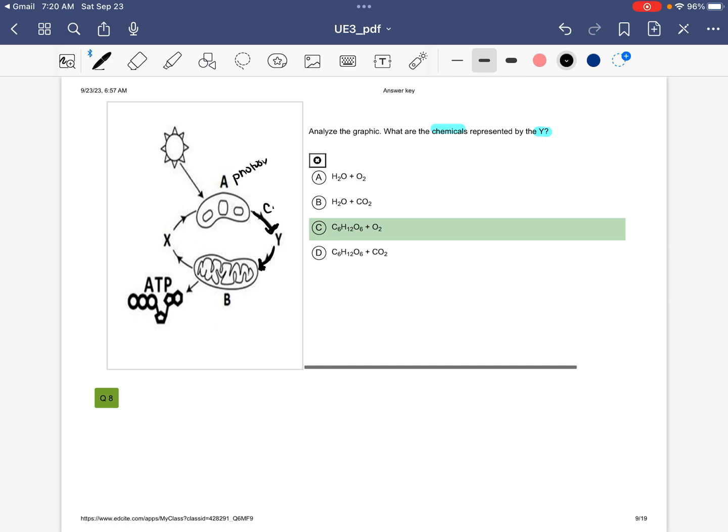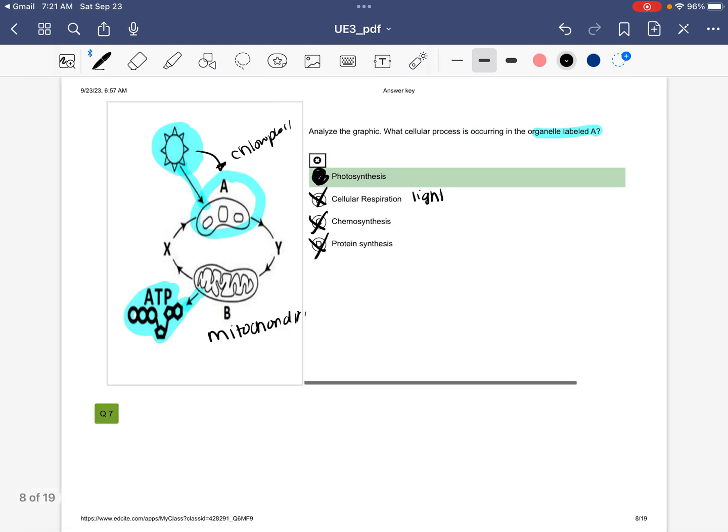So we know that we produce glucose and oxygen. That is what is used in cellular respiration. And then what comes out of cellular respiration is ATP, carbon dioxide, and water. And that one is what goes into photosynthesis, right? So our best answer was C.